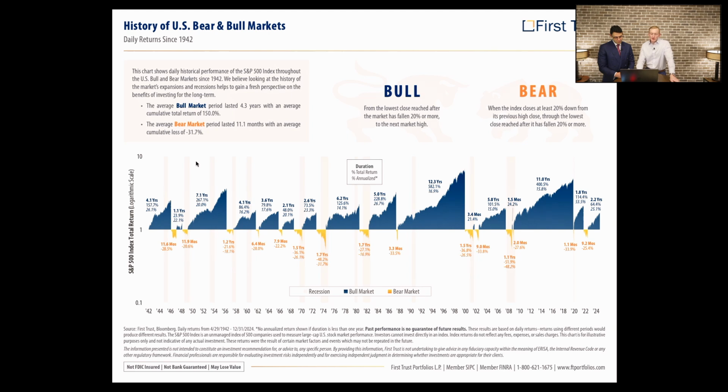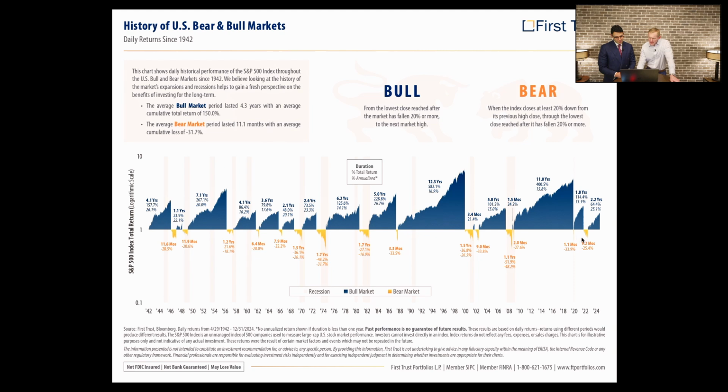And to put it into context for you, the average bull market period lasts 4.3 years and has an average return of 150%. So you could see here, the bull markets are a lot longer than these bear markets. Bear markets on average last 11 months with an average cumulative loss of 31%.